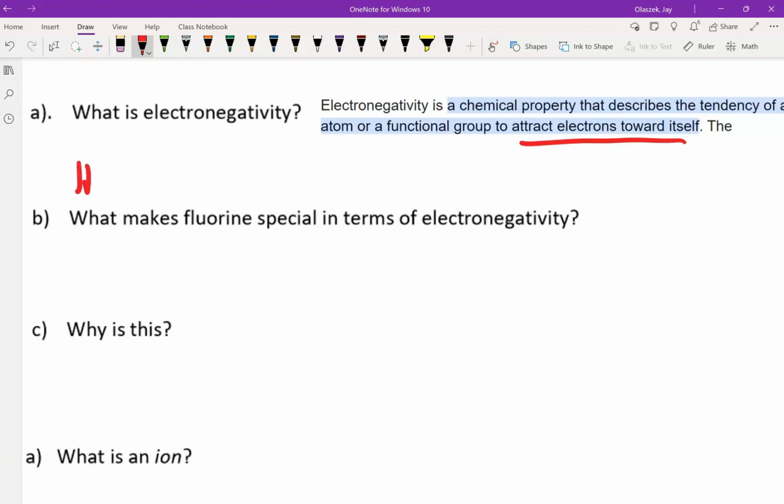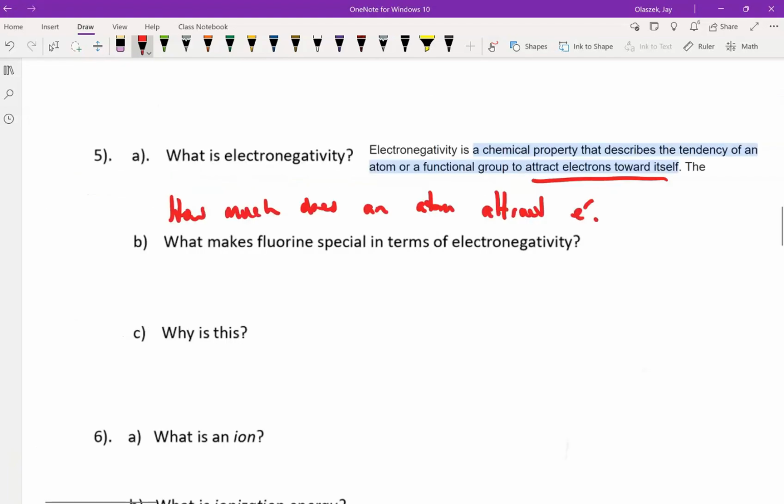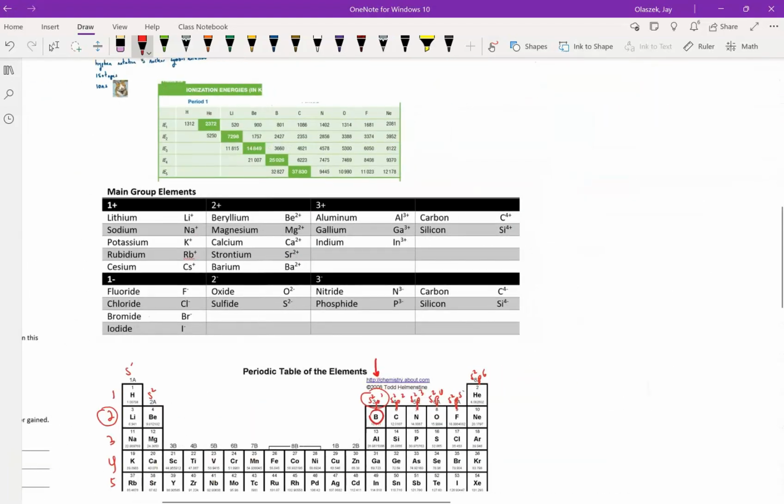So we'll say electronegativity is how much an atom attracts electrons. What makes fluorine special? A couple of things.